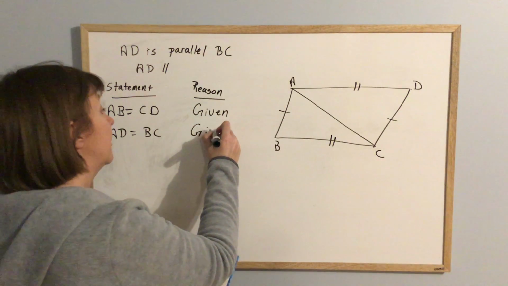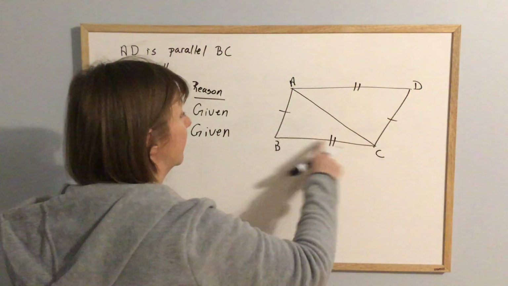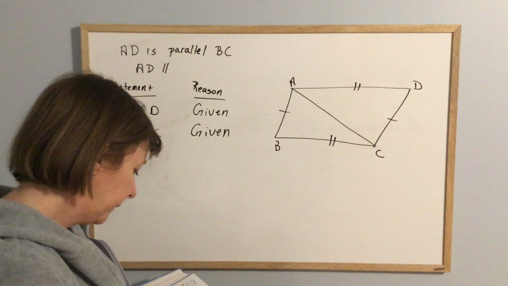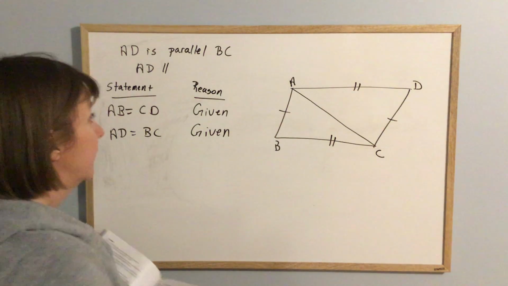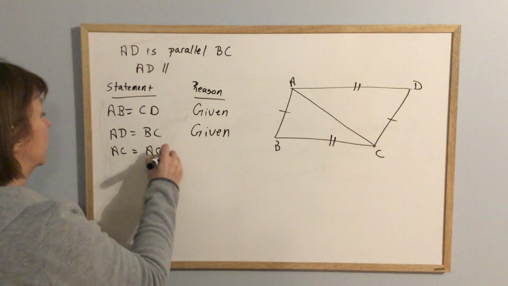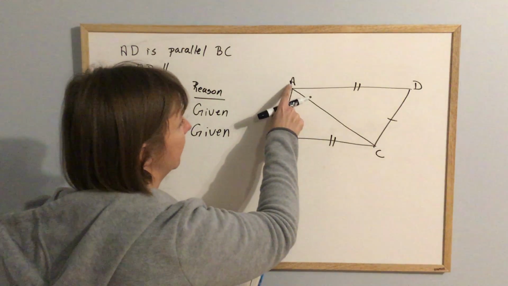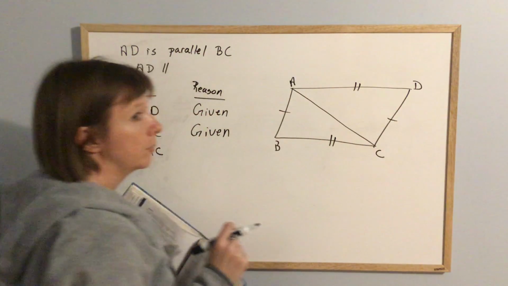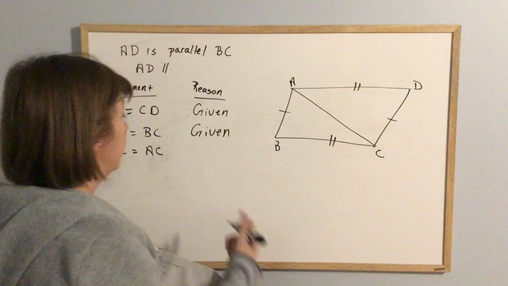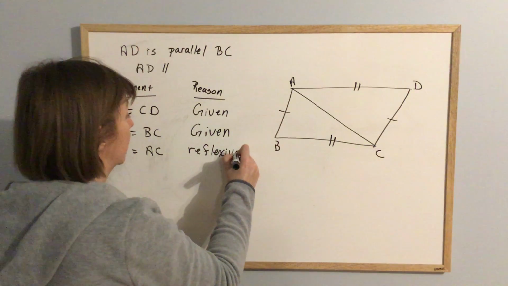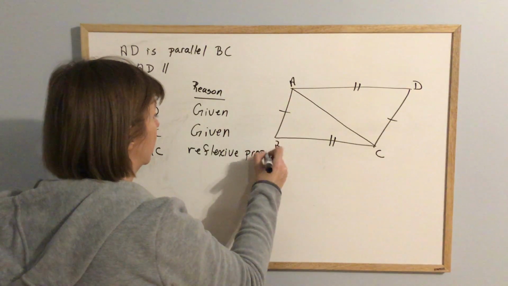Reason, still given because they said this and this are the same length. So that's great. And they tell us that AC is equal to AC. Again, this line is part of this lower triangle. It's also part of this upper triangle. So that's my second favorite reason. That is the reflexive property.